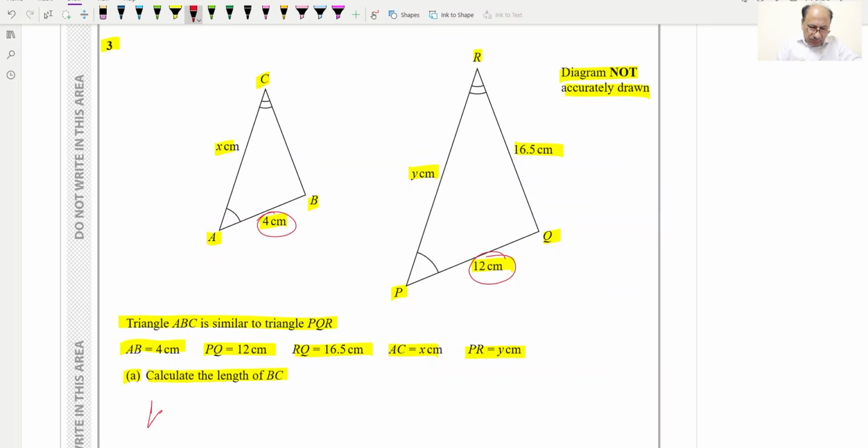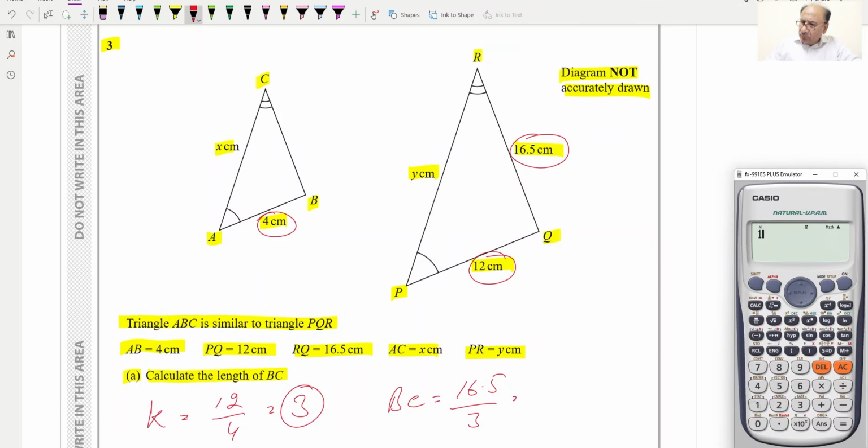So we can check the k value. The k value will be 12 over 4, which is equal to 3. So this 3 value we can use for calculation of BC. BC will be equal to 16.5 divided by 3, and 16.5 divided by 3 will be equal to 11 by 2, or we can write 5.5.